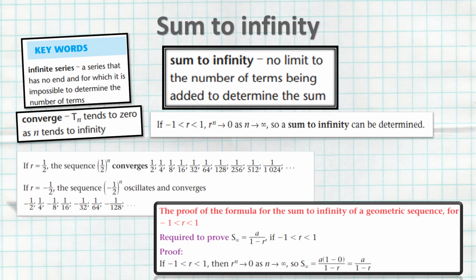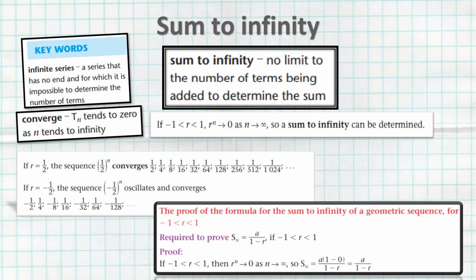Because we can't reach infinity, but mathematicians are saying no, no, no, you can actually get the sum to infinity, and you'll be very surprised how they got this.